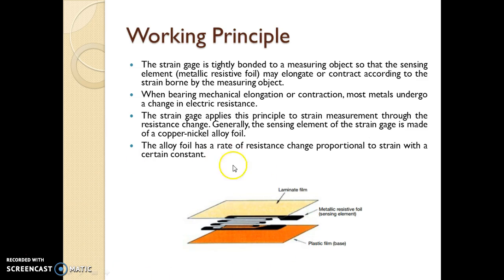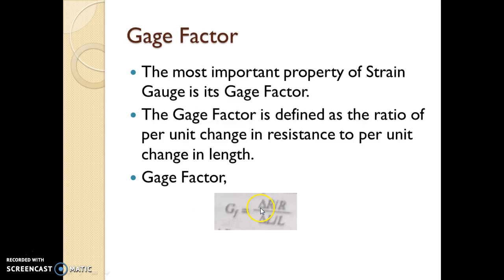The basic working principle of strain gauge is strain measurement through resistance change. Usually these strain gauges are made up of copper nickel alloy foil, but depending on the range of measurement and the requirements of application, this alloy can be changed.